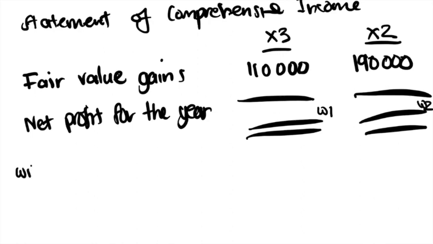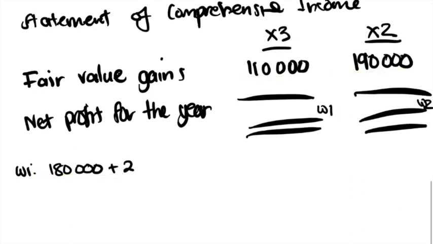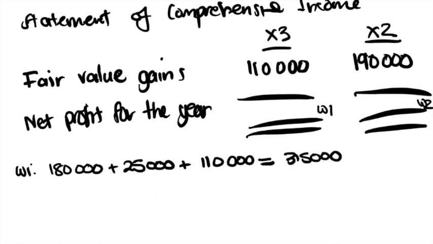In working one, we were given that the profit is 180,000, but we must reverse the depreciation. So we're going to increase our profit by the 25,000 depreciation, and we're going to increase it to recognize the fair value gains. So that gives us a net profit of 315, and we can put that number in over there.